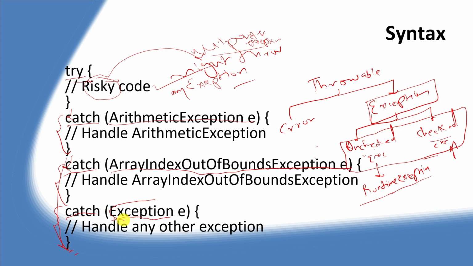Because Exception is the parent class of all the checked and unchecked exceptions. If Java is unable to find a specific catch block, it will execute this catch block, which is the parent exception. That means if we have not explicitly provided a catch block for a particular exception, let's say NullPointerException, then this block will execute. This is the parent class of all exceptions.